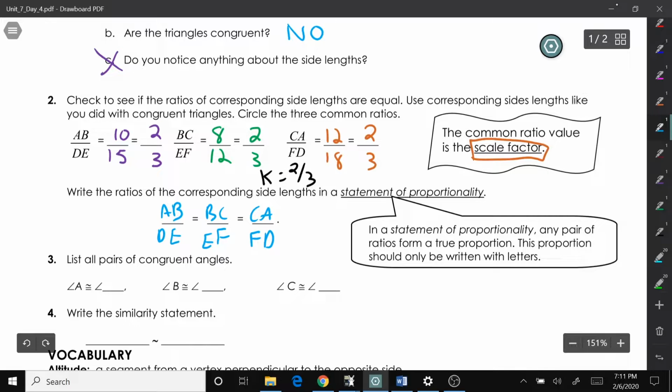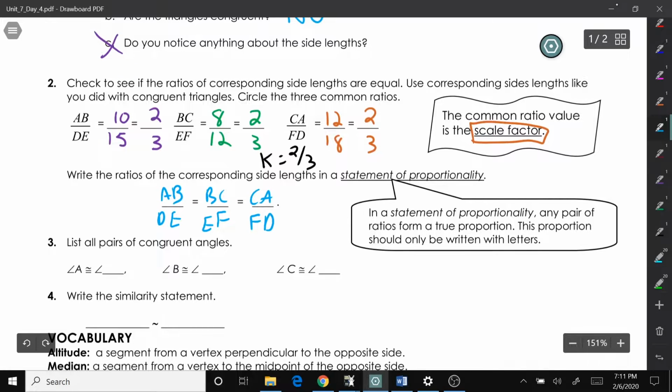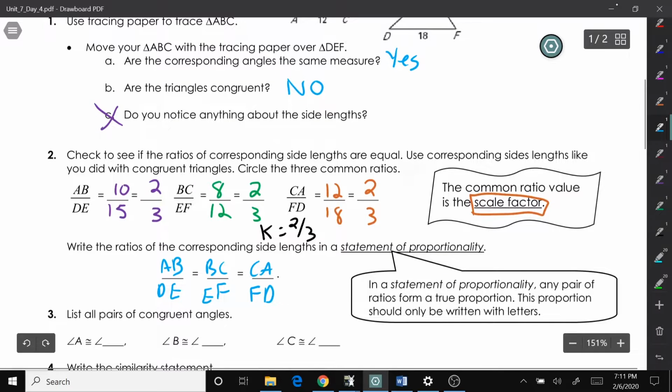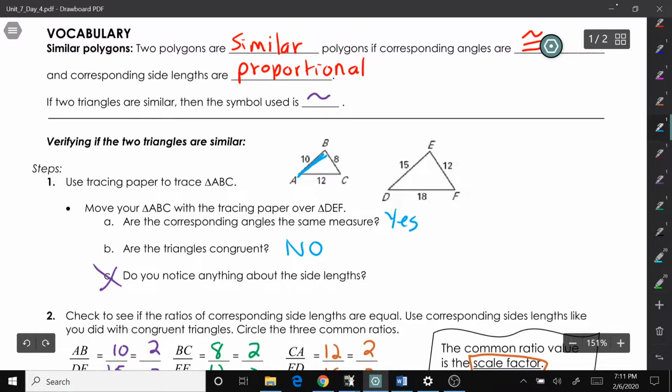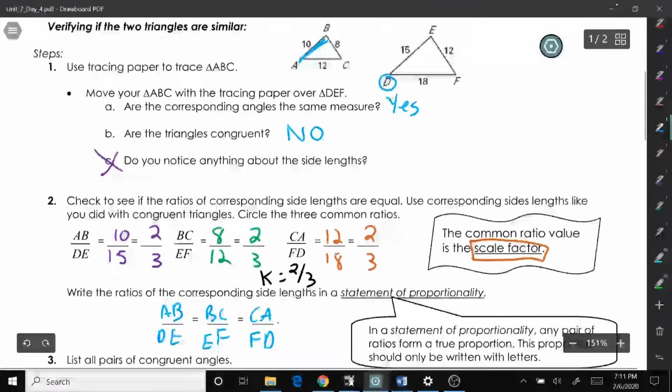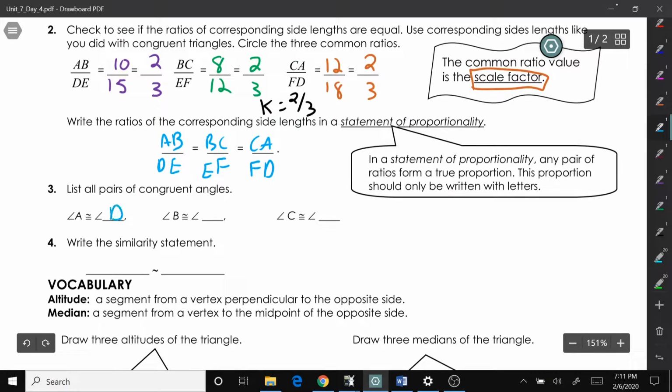Now, to tell which angles are congruent, we got to match things up. So angle A up here matches up with angle D. And you can look at it as, in our statement, A is first, D is first. A is last here, D is last there. So A and D go together. B and E go together.